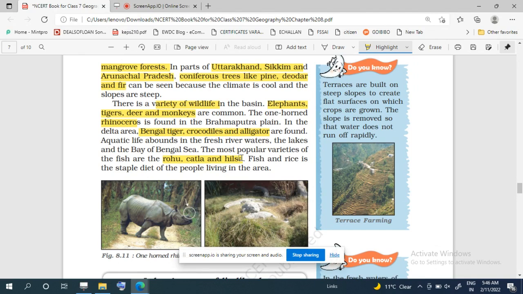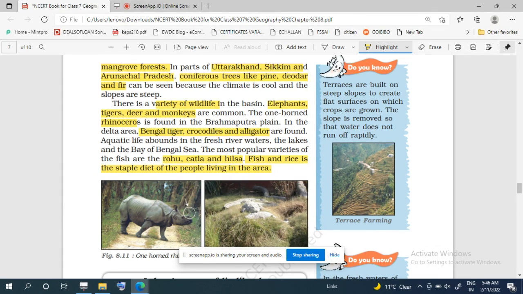And the staple food of this area is fish and rice. Fish and rice is the staple diet of the people living in the area. So you can see some pictures given here. This is terrace farming.